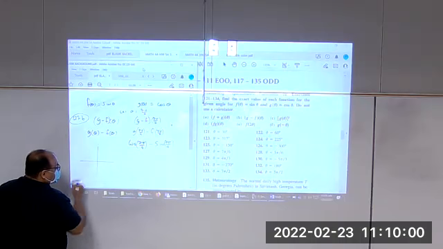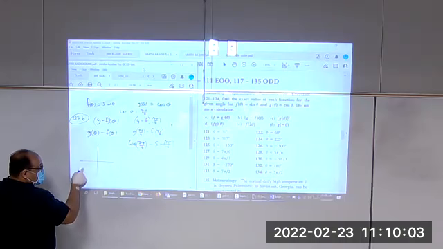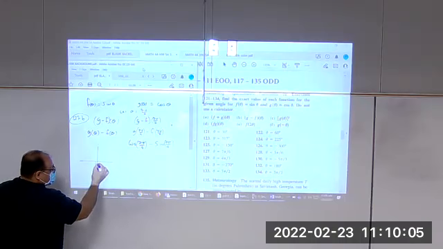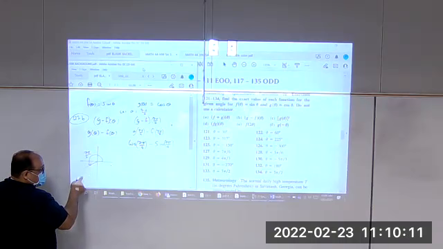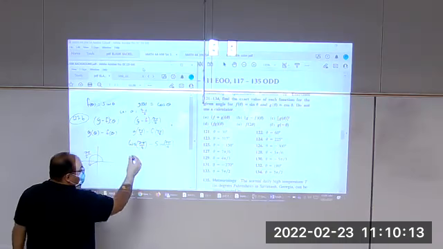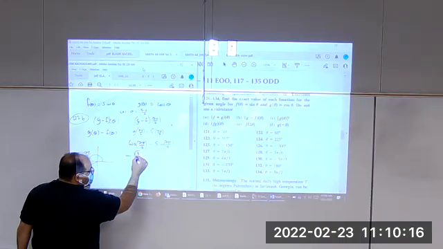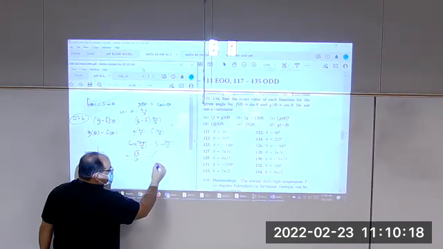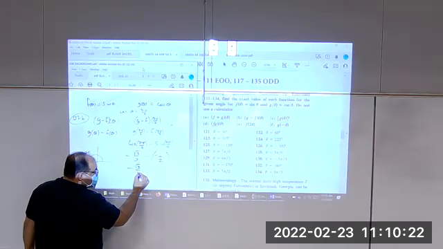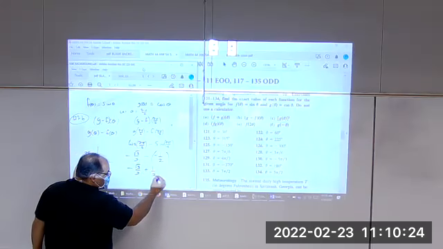And if we're in quadrant 3, then both sine and cosine are negatives. Only tangent is positive. So this would be a negative square root 3 over 2 minus a negative 1/2. So negative square root 3 over 2 plus 1/2.